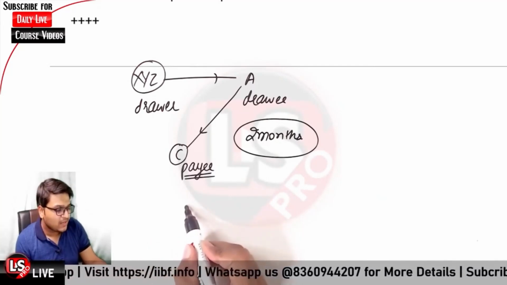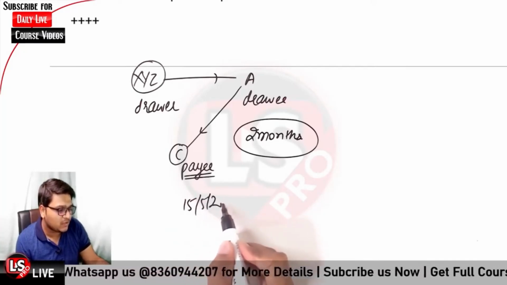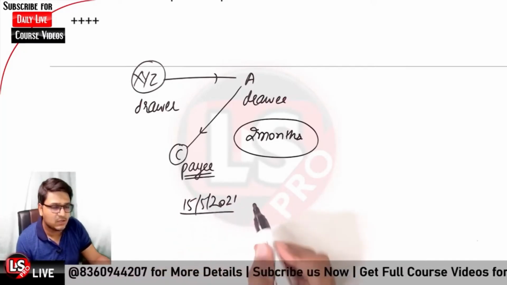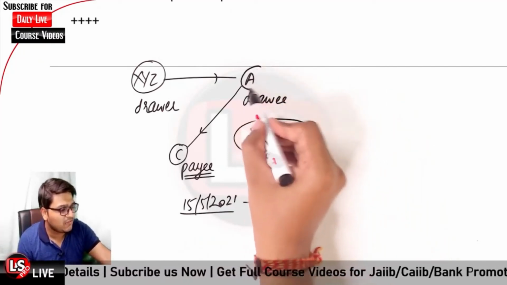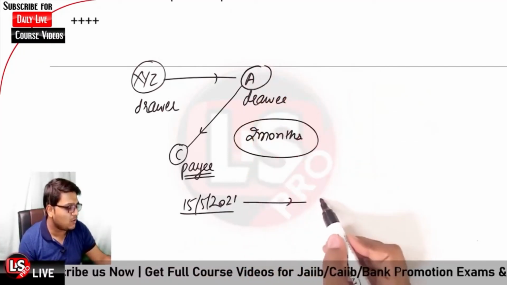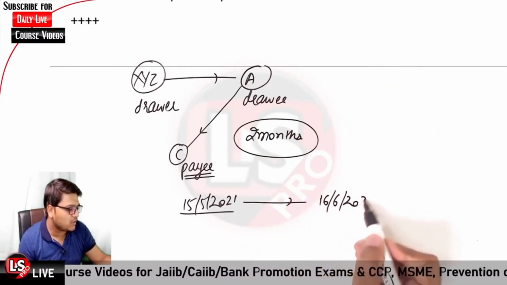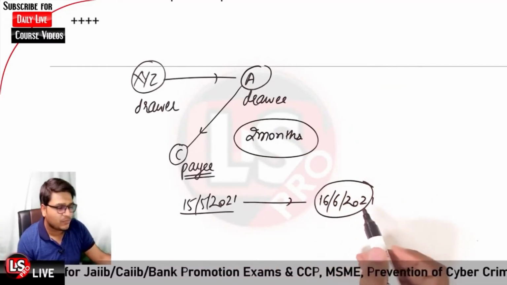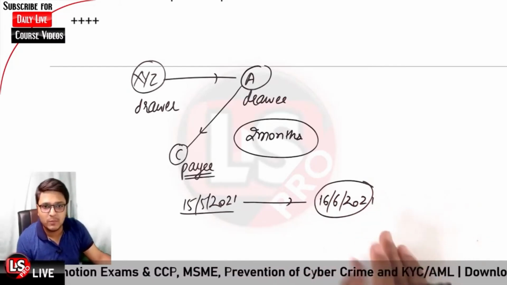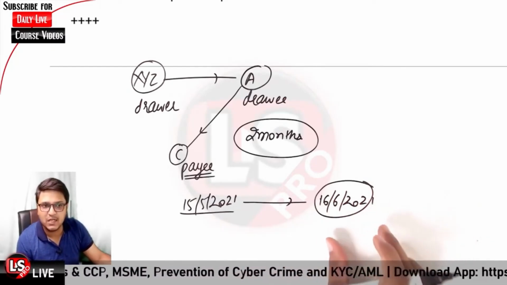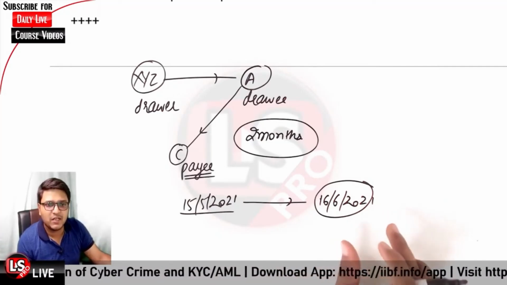It may be the case that the bill is drawn on 15th of May 2021 and a particular date is mentioned, that A is given an order to pay the amount on or after 16th of June 2021. In that case particularly, no grace period is to be given. So if a definite date is mentioned on the bill of exchange, in that case no grace period is to be given.